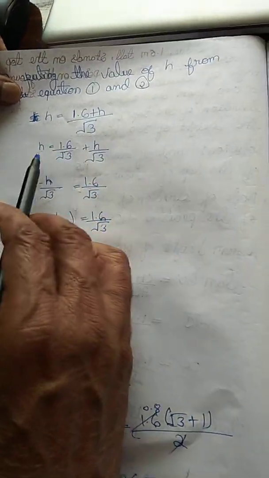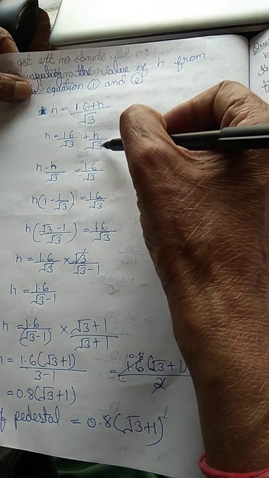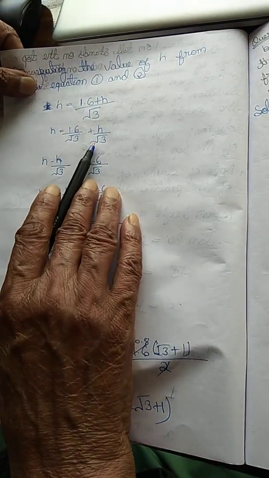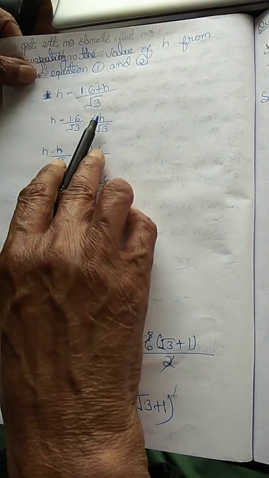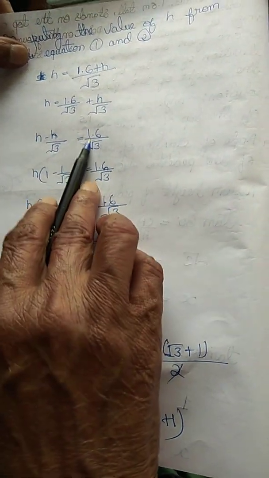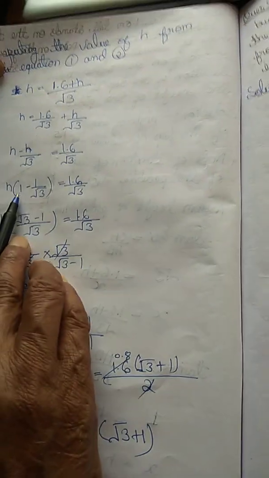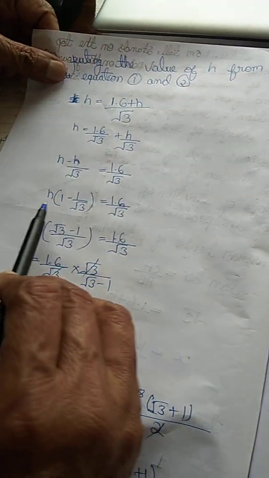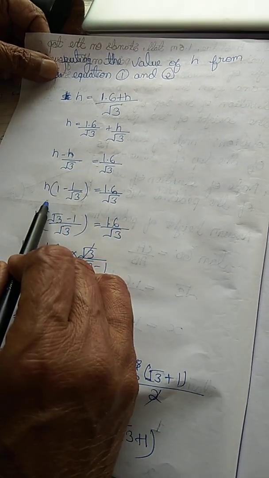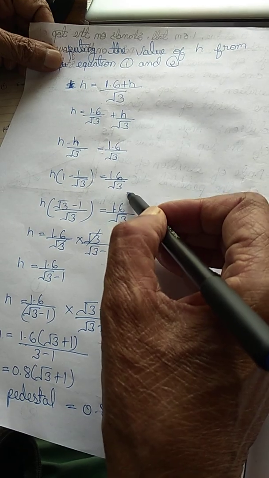We can write this as h is equal to 1.6 upon root 3 plus h upon root 3. Transferring the h upon root 3 to the other side, you get h minus h upon root 3 is equal to 1.6 upon root 3. Now take h common, you get h into 1 minus 1 upon root 3 is equal to 1.6 upon root 3.